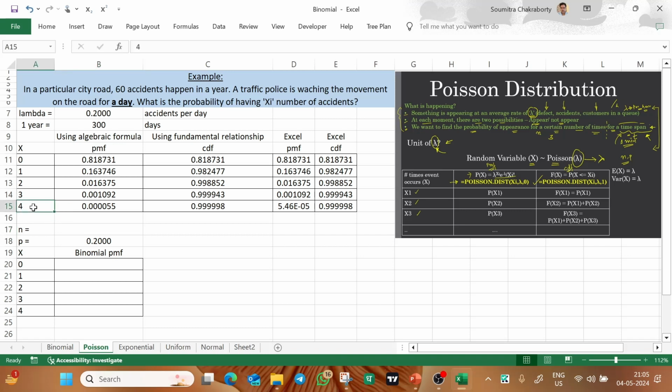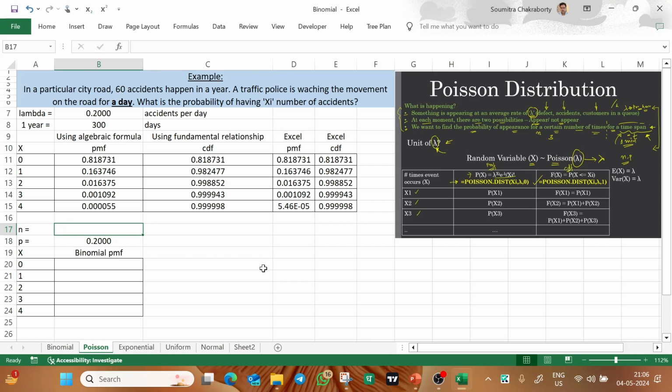But you see, the functionality of Poisson distribution is such that there is no upper bound for the x values. For example, you can start from x equal to 0, then x equal to 1, 2, 3, 4, 5, 6, 7, 8, 9, 10, whatever x value you can use. There is no limit to that. But that is not true for binomial distribution.